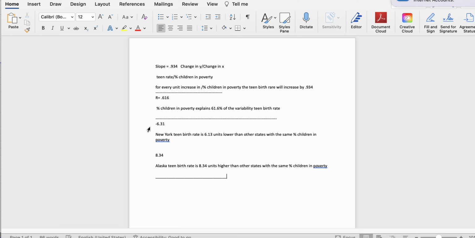So we did a few things. We explained the slope. We explained the coefficient of determination. We explained each of the residuals, the most negative and the most positive.